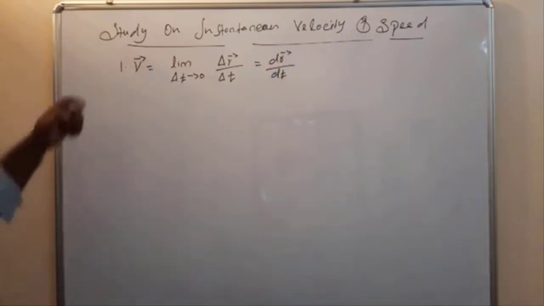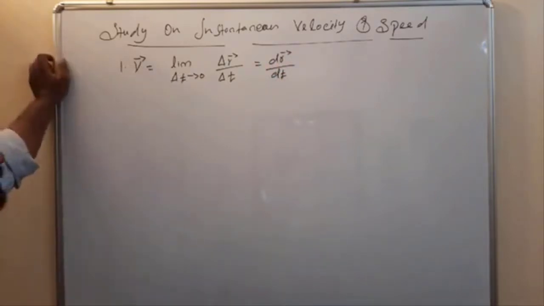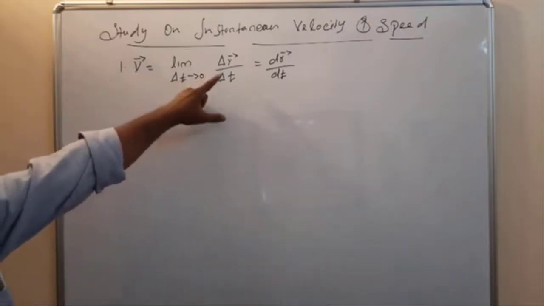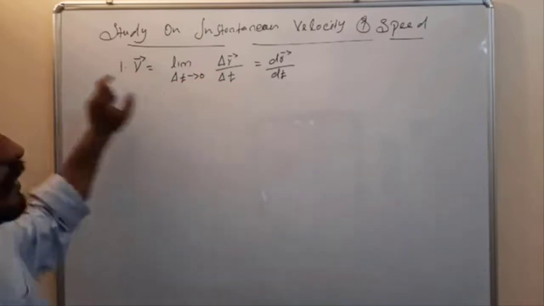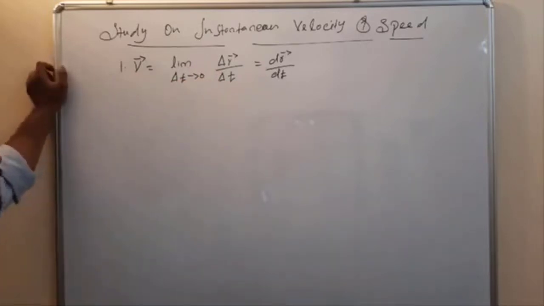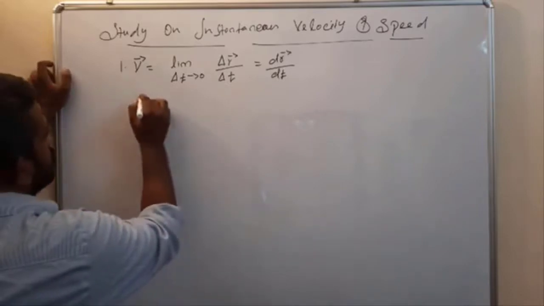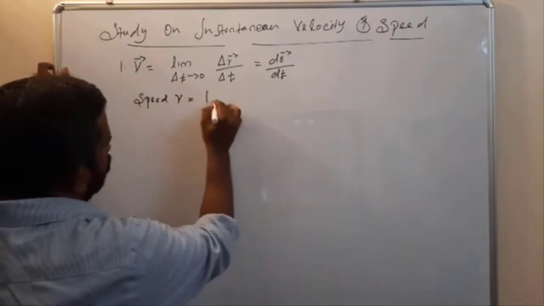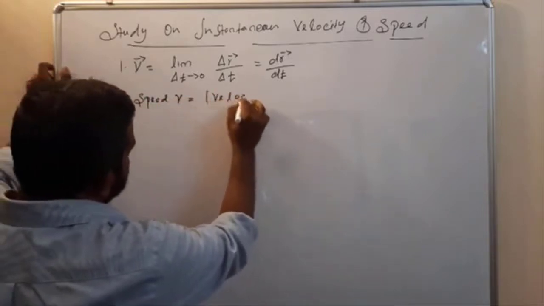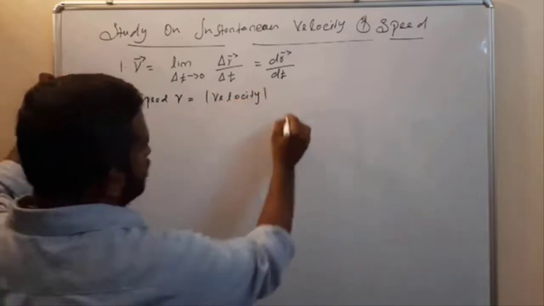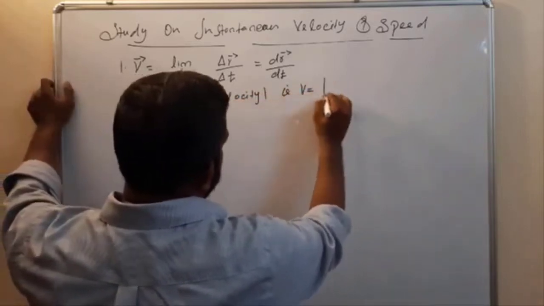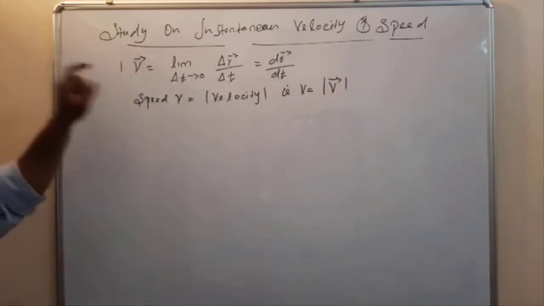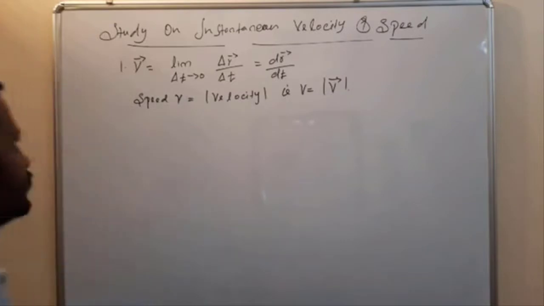This is the instantaneous velocity. Speed v is equal to the modulus of velocity, that is v is equal to the modulus of v vector. The magnitude of velocity is speed.